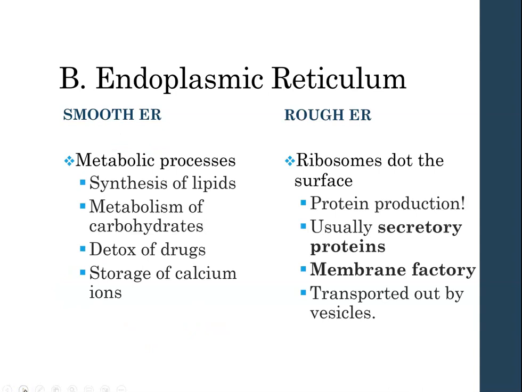The rough ER is the sort of pleated, sac-like shape. And the rough ER is called that because ribosomes are found on the surface. That should give us a hint as to its function, which is the production of proteins.